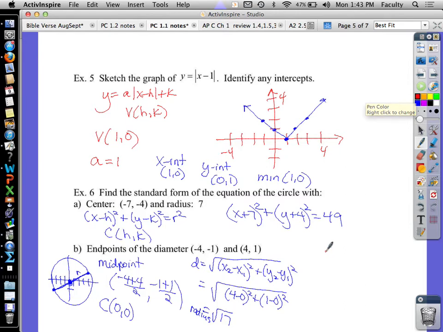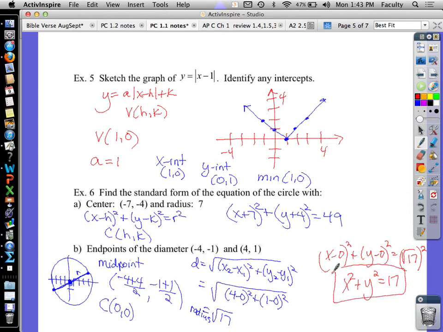So this becomes x minus 0 squared plus y minus 0 squared equals the square root of 17 squared. So then that's just x squared plus y squared equals 17.